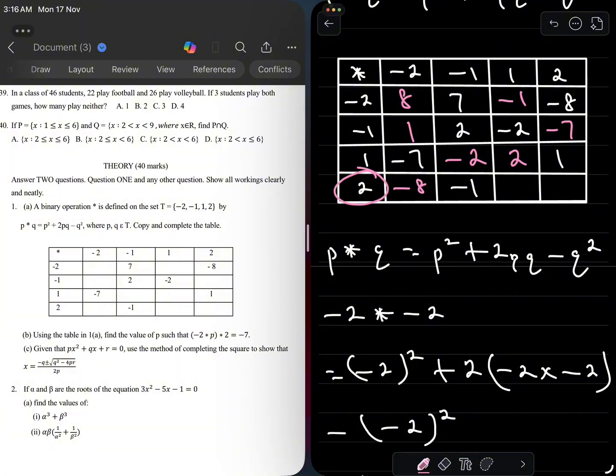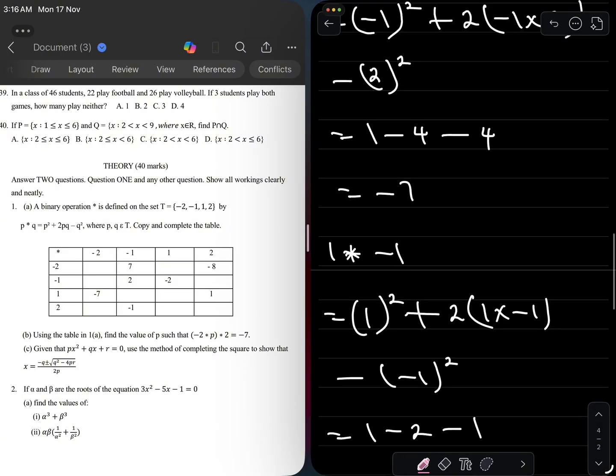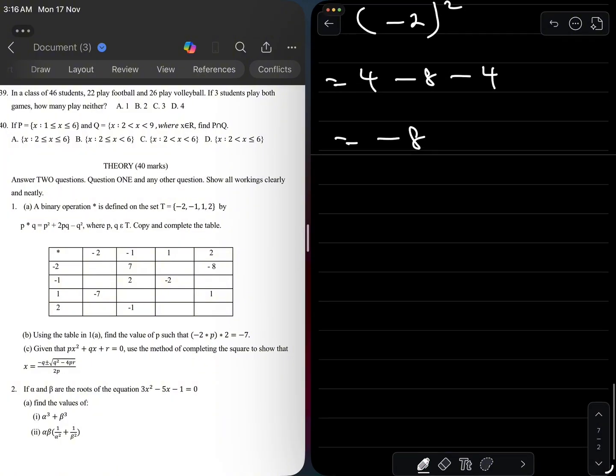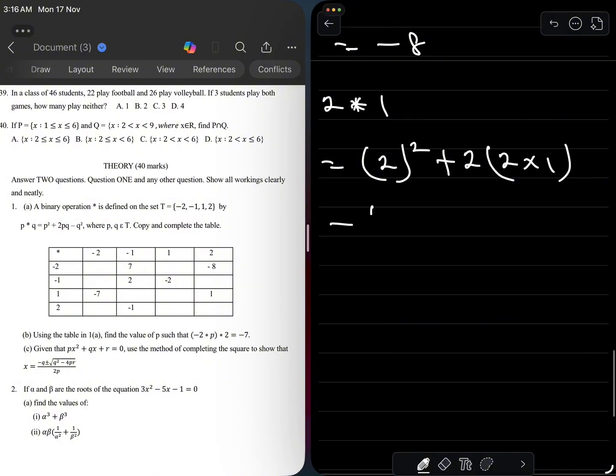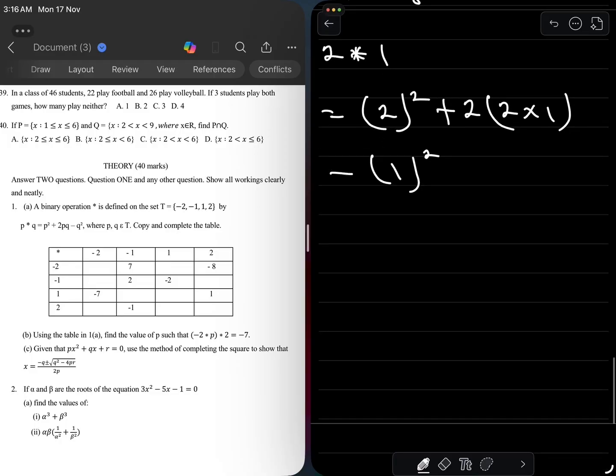Now the next one is 2 asterisk 1. What's 2 asterisk 1? Let's do that quickly. 2 asterisk 1 is equal to 2 squared plus 2 times 2 times 1, minus 1 squared.